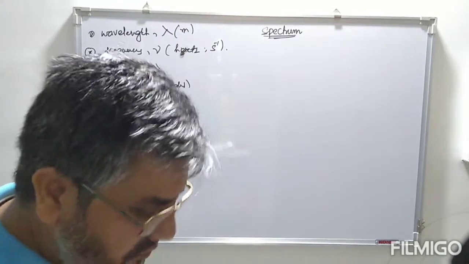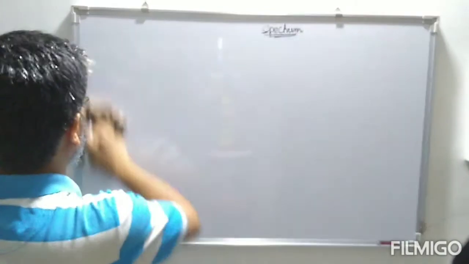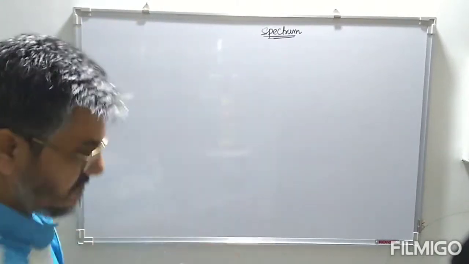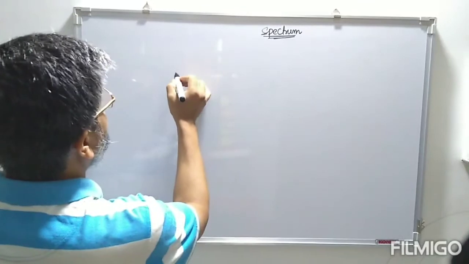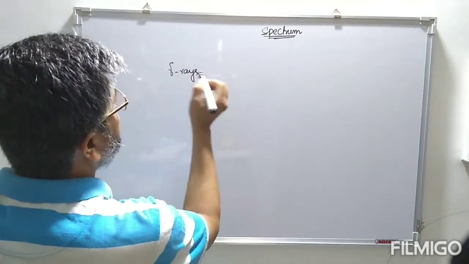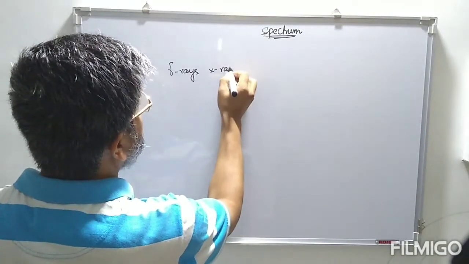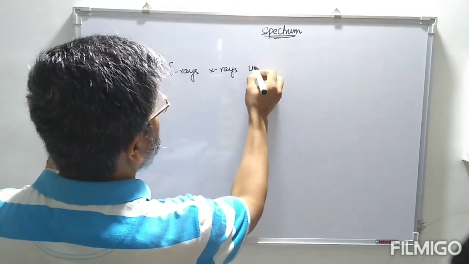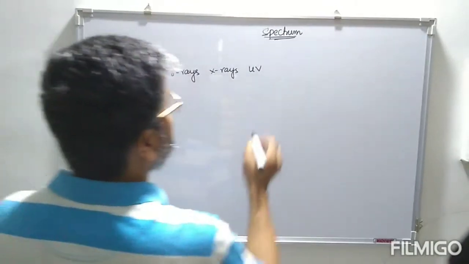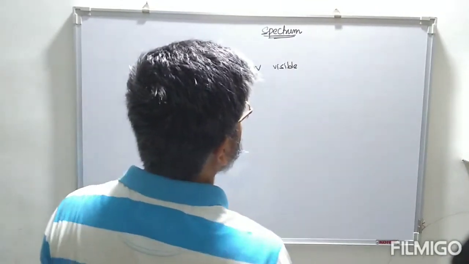So in this spectrum we have gamma rays, then we have X-rays, then ultraviolet rays, then the visible spectrum.